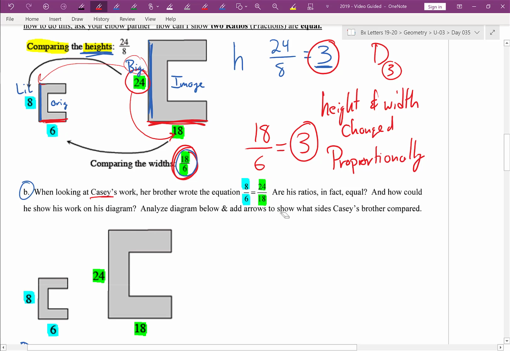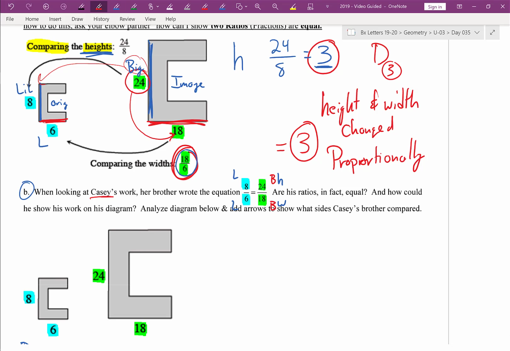So the ratio on the right is a big divided by a big, and the ratio on the left is something from the little figure divided by the corresponding piece from the little figure. Notice it's the big height divided by the big width, and then the little height divided by the little width. That matters. He didn't mix and match.